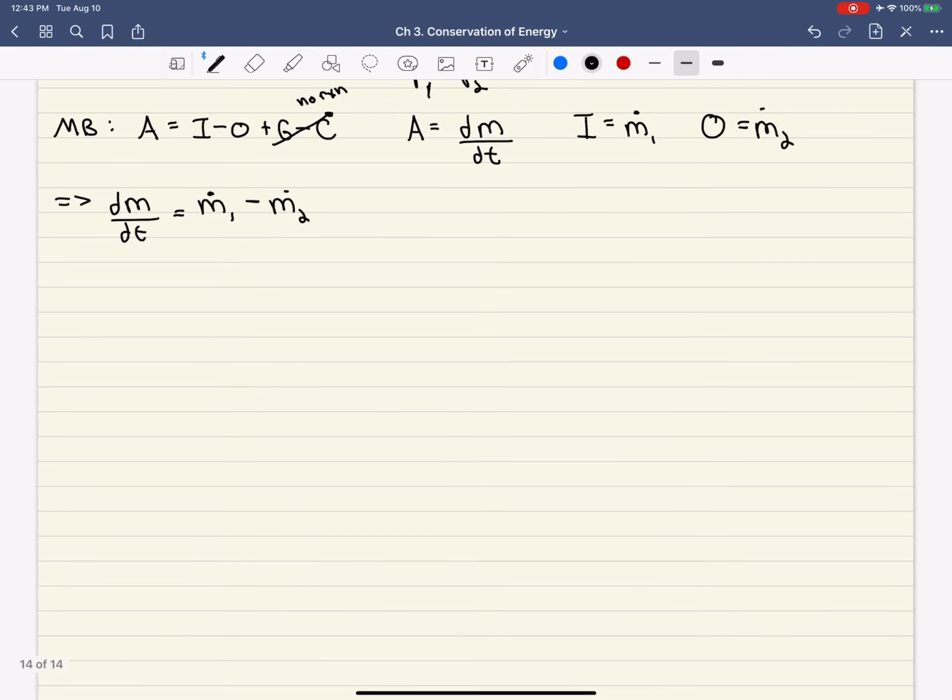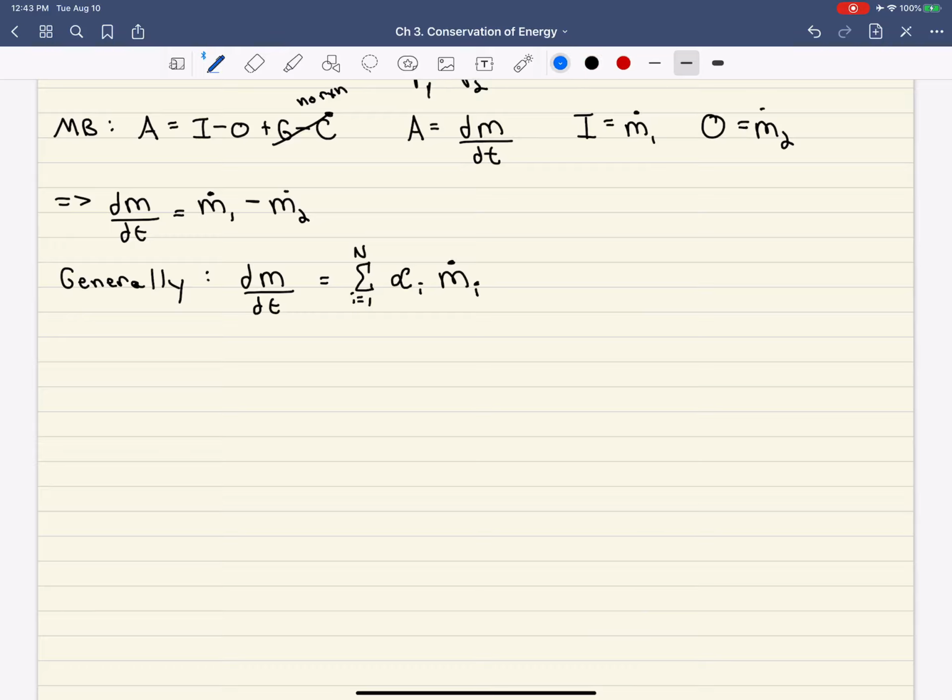But generally, if you're dealing with a system with many more flow streams, you could write your material balance as dm/dt is equal to the summation from i equals 1 to however many streams there are, n, of what I call alpha i times the mass flow rate, m sub i dot.